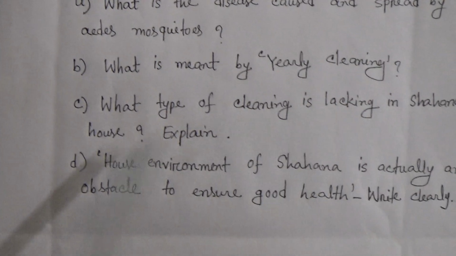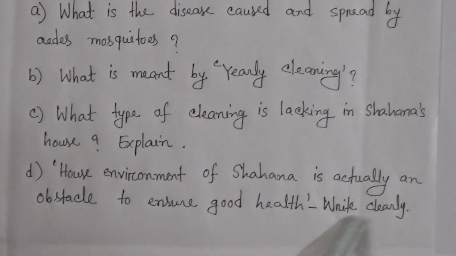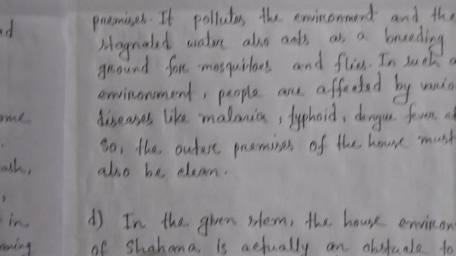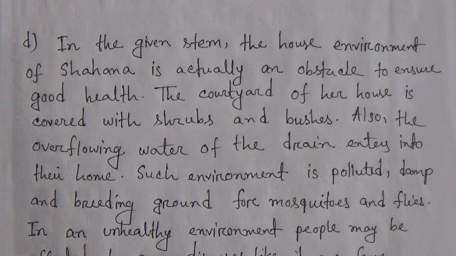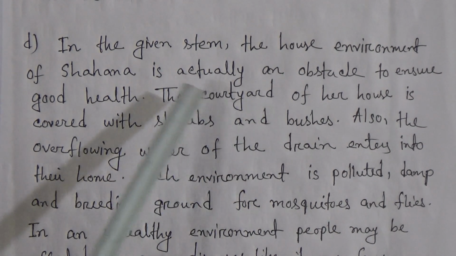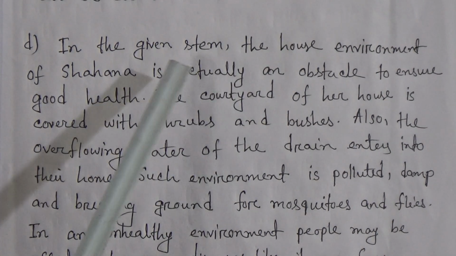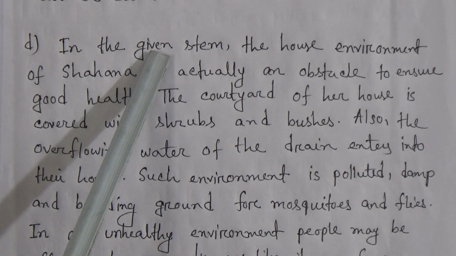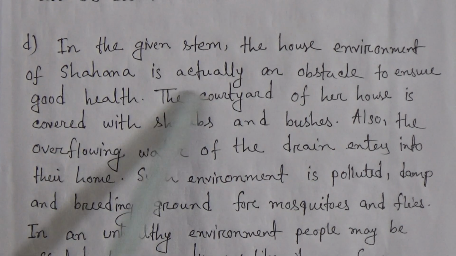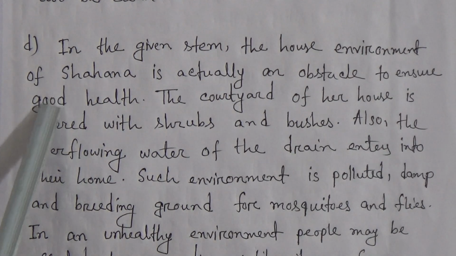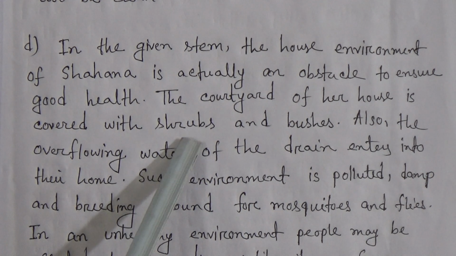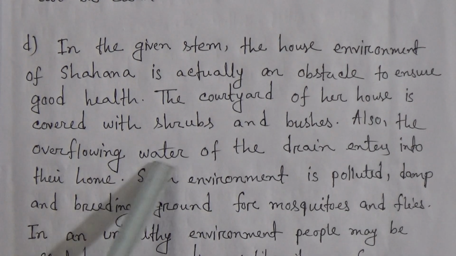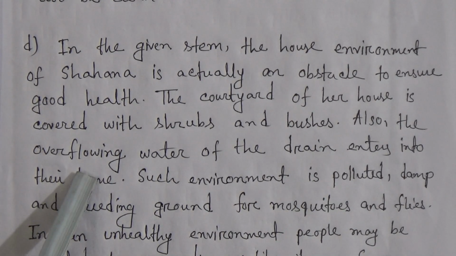Number D: The house environment of Shahana is actually an obstacle to ensure good health. Explain. Write clearly. In this given stem, the house environment of Shahana is actually an obstacle to ensure good health. The courtyard of her house is covered with shrubs and bushes. Also, the overflowing water of the drain enters the house.